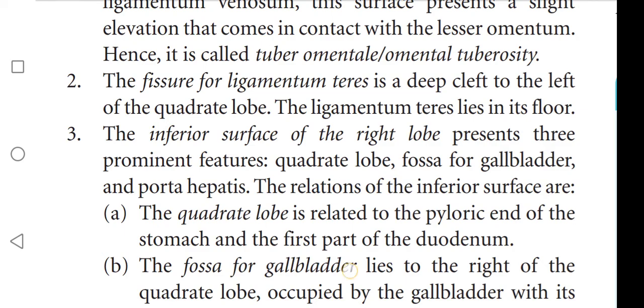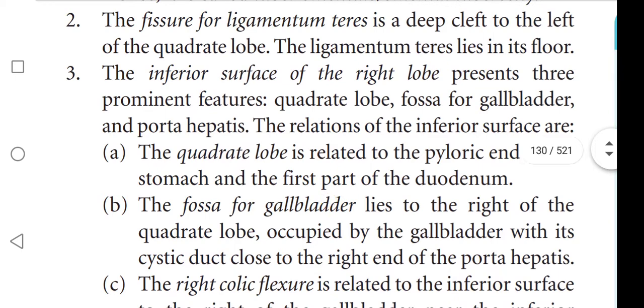Next, the inferior surface of the right lobe presents three prominent features: quadrate lobe, fossa for gallbladder, and porta hepatis. The quadrate lobe is related to the pyloric end of the stomach and the first part of the duodenum.